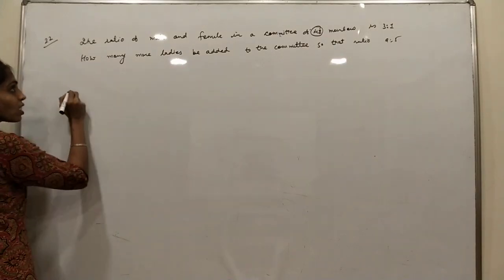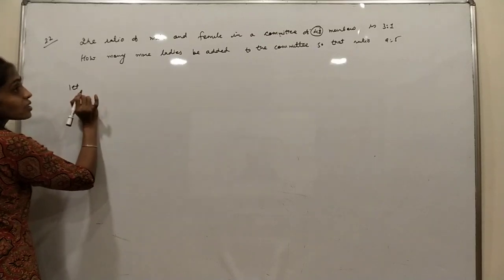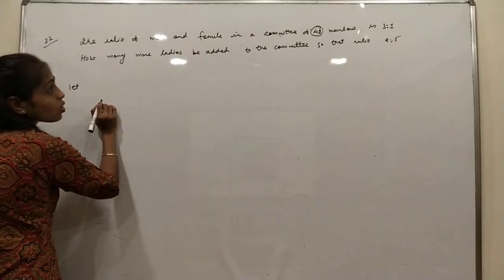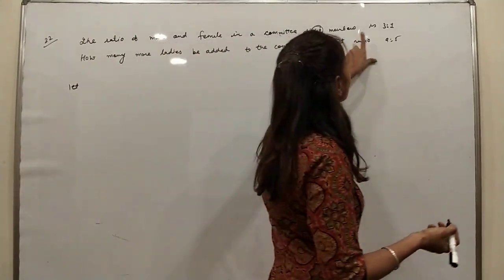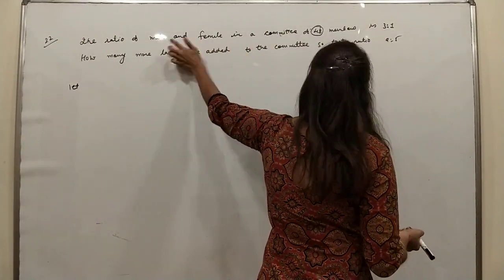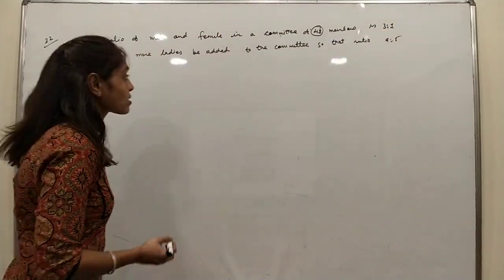Now initially you have to write the statement. Let total be 48, let the number of male be 3x and number of female be x initially.